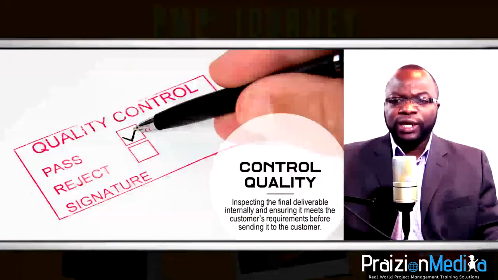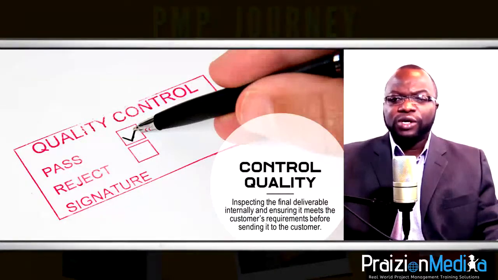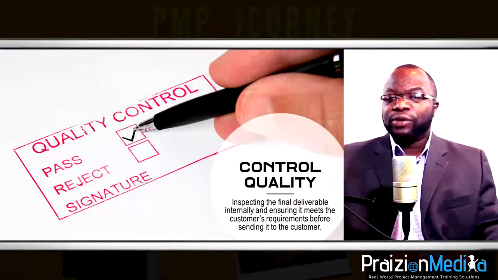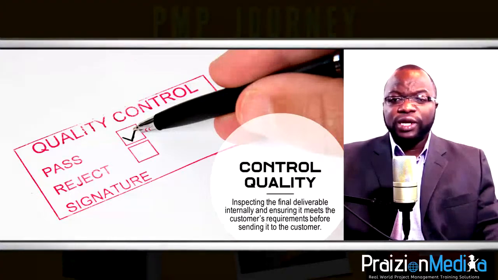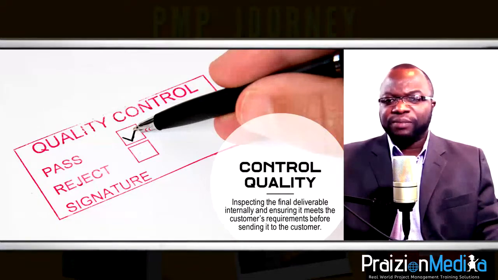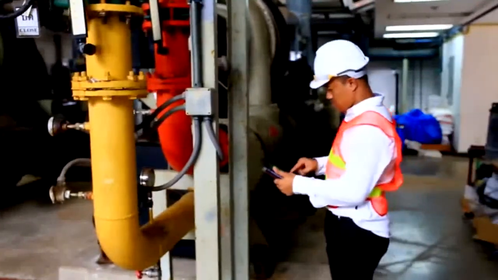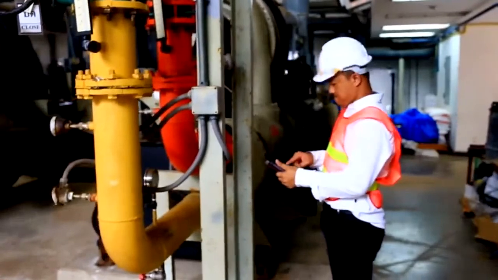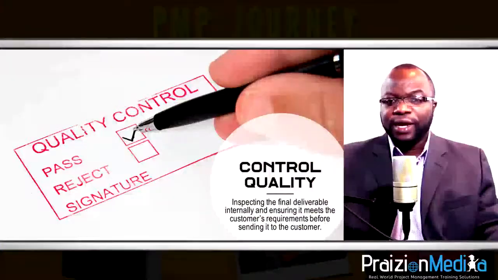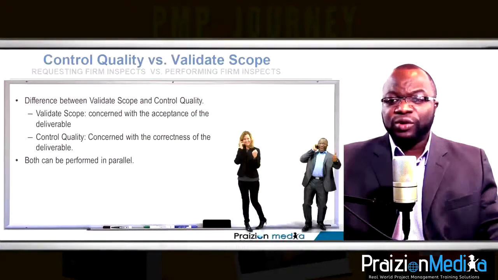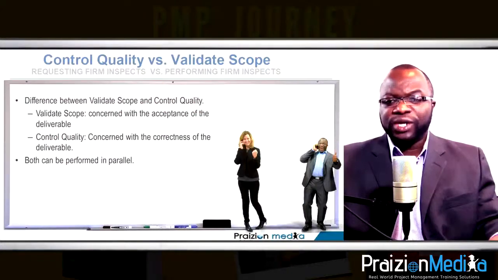Process 43, control quality. In control quality, the project manager and the team should be ensuring that the deliverable produced is fit for use and conforms to requirements through inspection. So in control quality, the project manager must aspire to check every way possible that that deliverable is good to go to the customer. And we talked about validate scope, as in where the customer checks the deliverable for themselves.